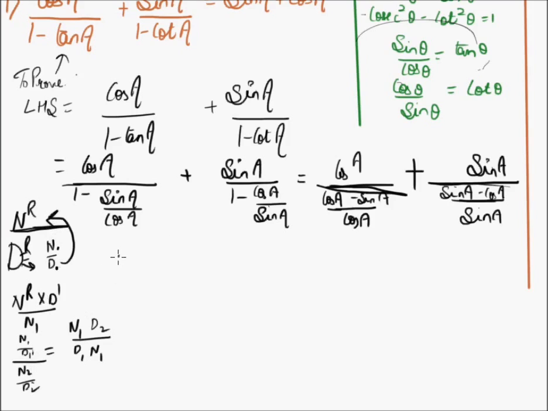Whereas if we have a fraction in the numerator and the denominator is having just a single term, then we convert this denominator into a fraction by providing 1, and now again it becomes a condition like this.